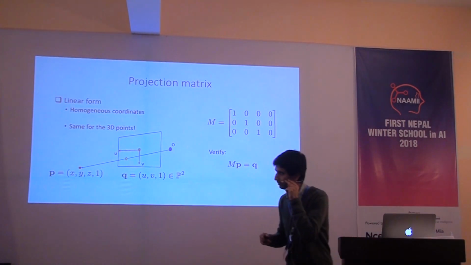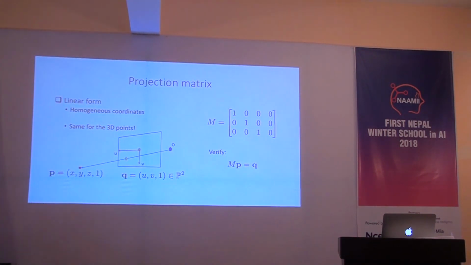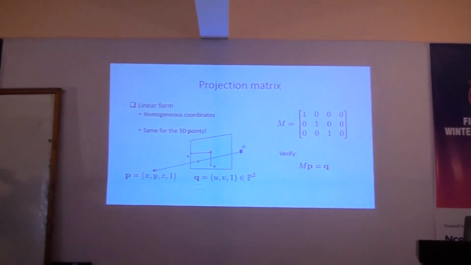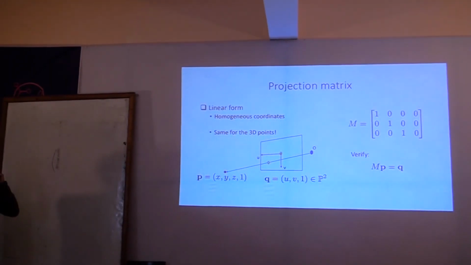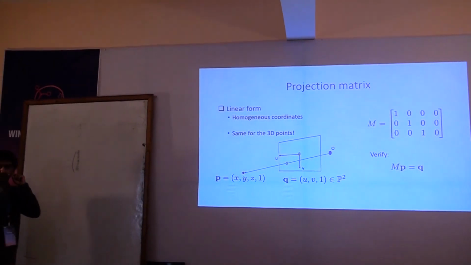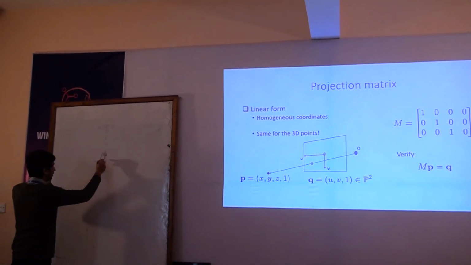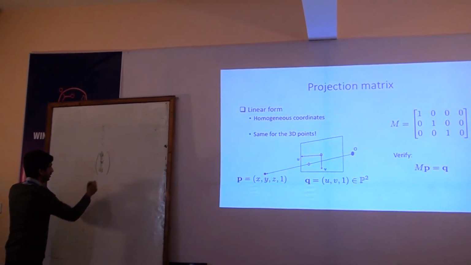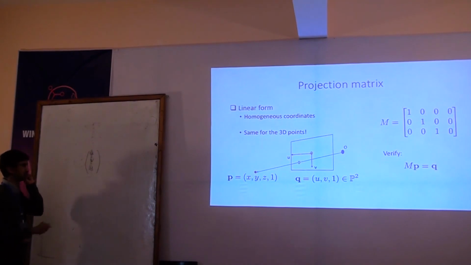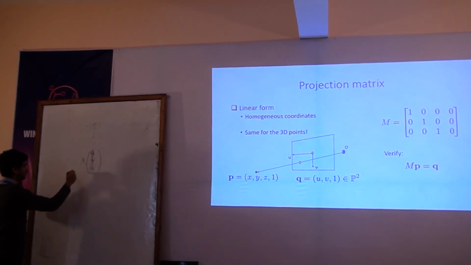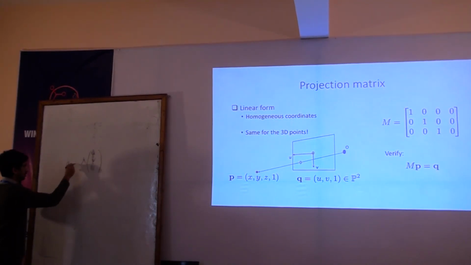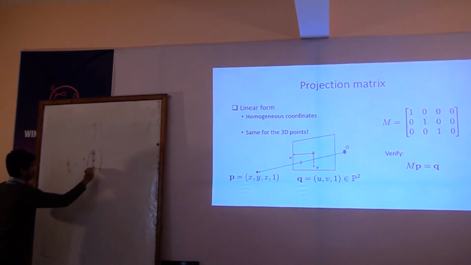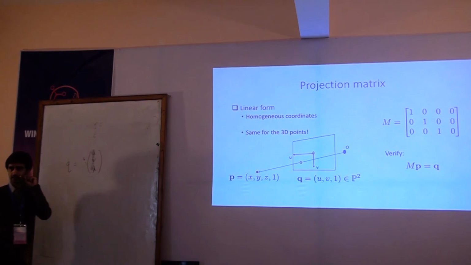Do you get what I mean? Before you extract the image points to visualize, to see where the projections are, your image coordinate might be (lambda u, lambda v, lambda).